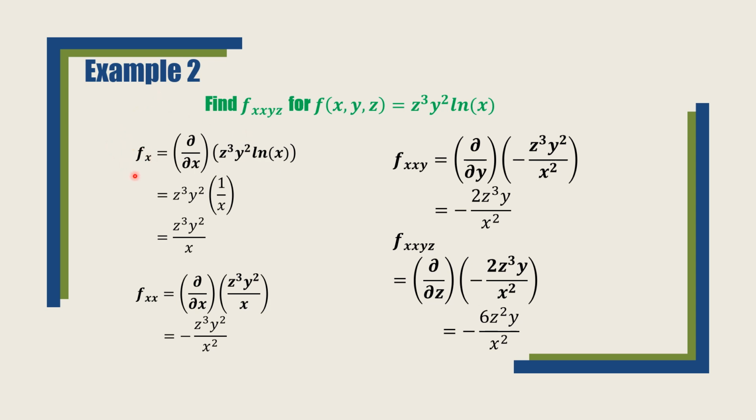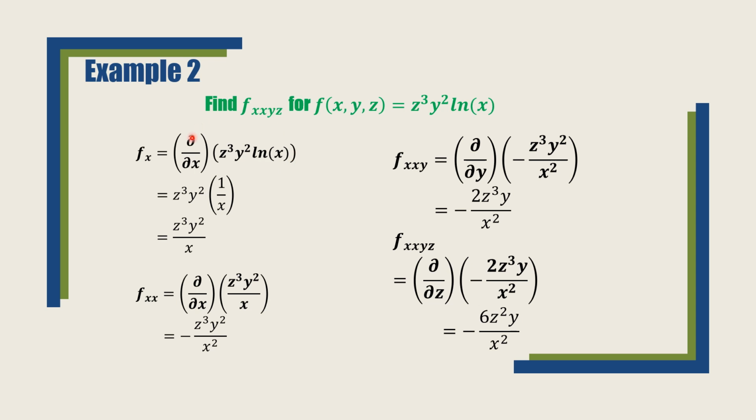We have f sub x because we have to derive first the first x. Again, substitute the partial derivative with respect to x from the given, z cubed y squared ln x. We have to derive all of those terms that have x.